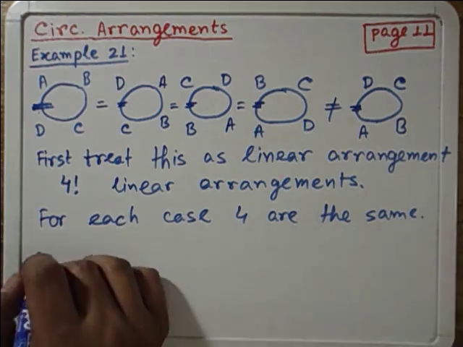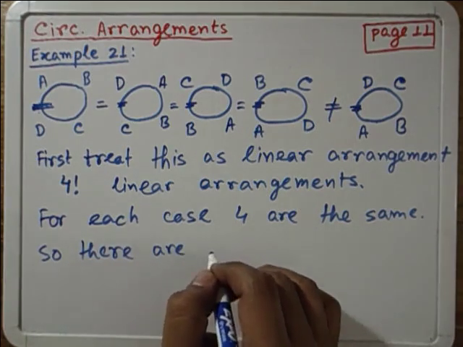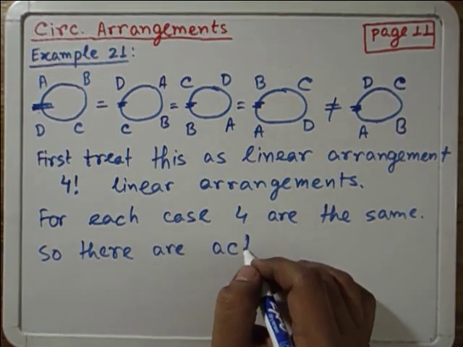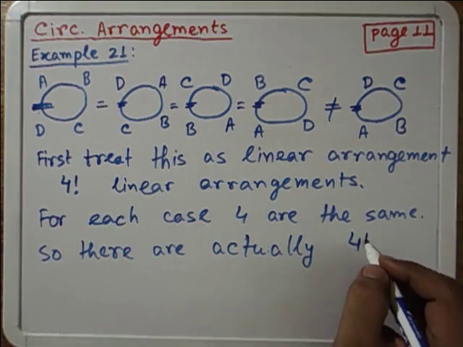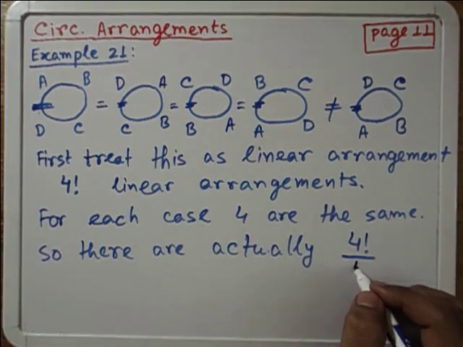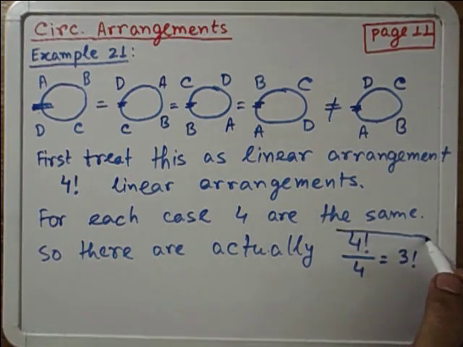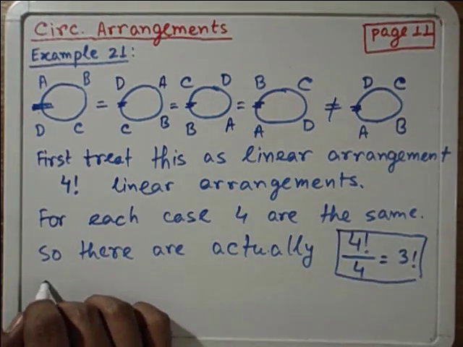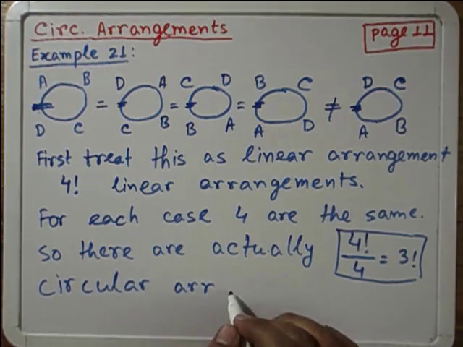So there are actually 4 factorial over 4, which is 3 factorial circular arrangements. Is it clear?